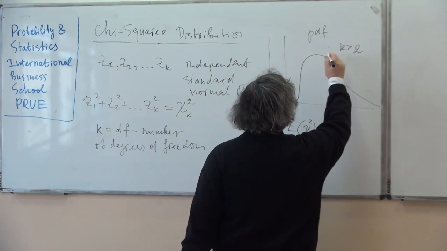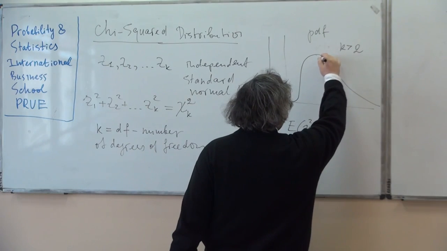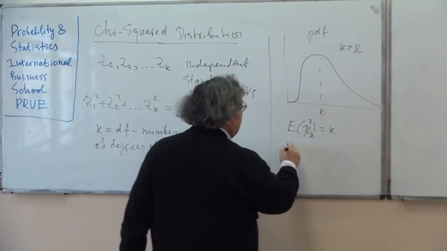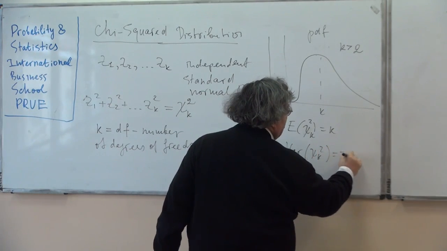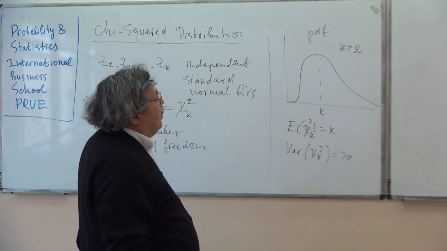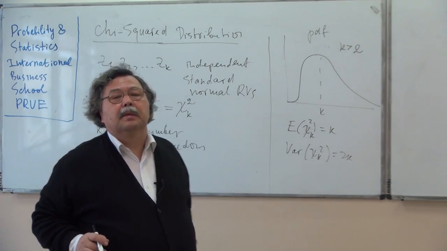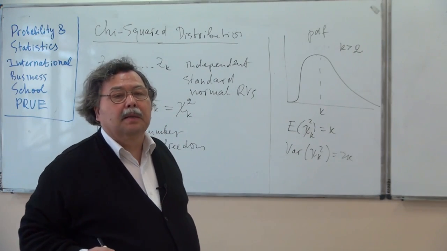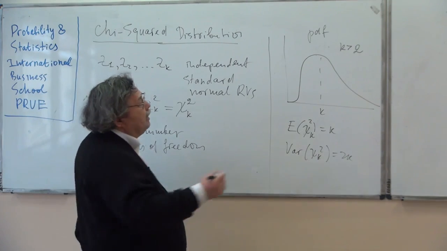It's not the highest point, not necessarily, something like this. And the variance is 2k. All right, so this is the typical picture of the chi-square distribution. I'd like you to imprint it on your memory.